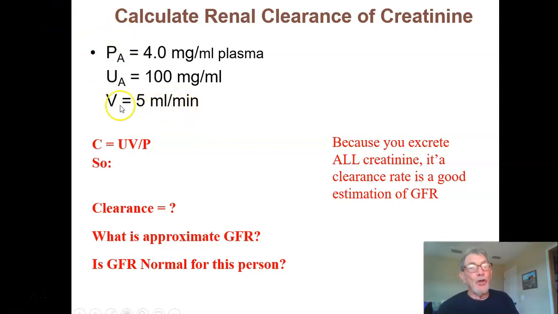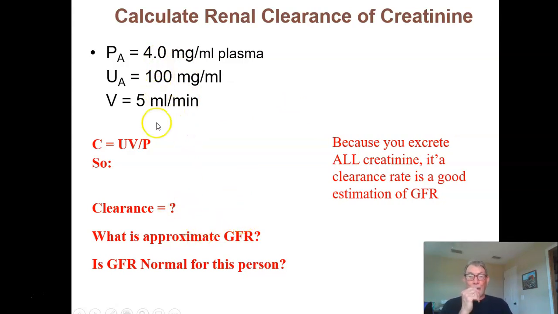Anyway, whatever you did, you determine how much they're producing per minute, and you find out the concentration of that substance, creatinine, in the urine and in the blood. UV over P. 100 times 5 divided by 4. What's 100 times 5? 500. What's 500 divided by 4? 125.